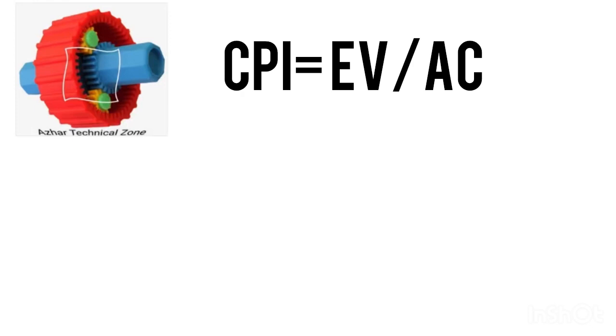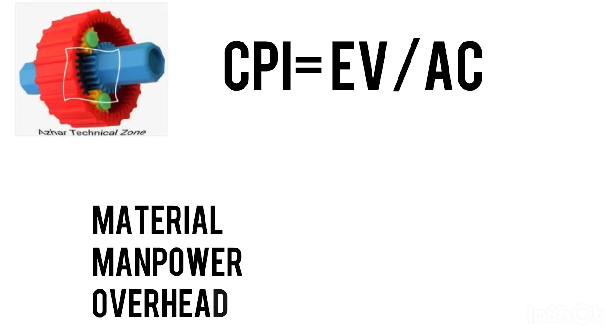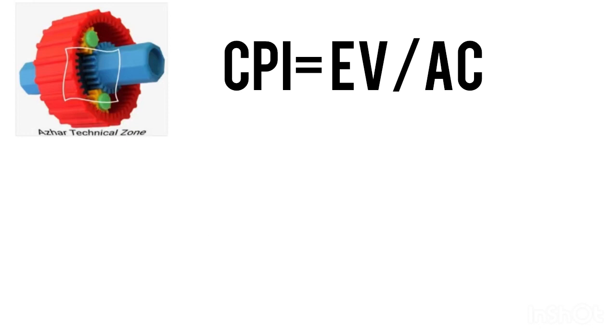So actual cost is what? The expenses spent on the project to execute it, and that cost will be material cost, manpower cost, home office cost, overhead cost, overall project cost, and other cost. That will be considered as the actual cost.